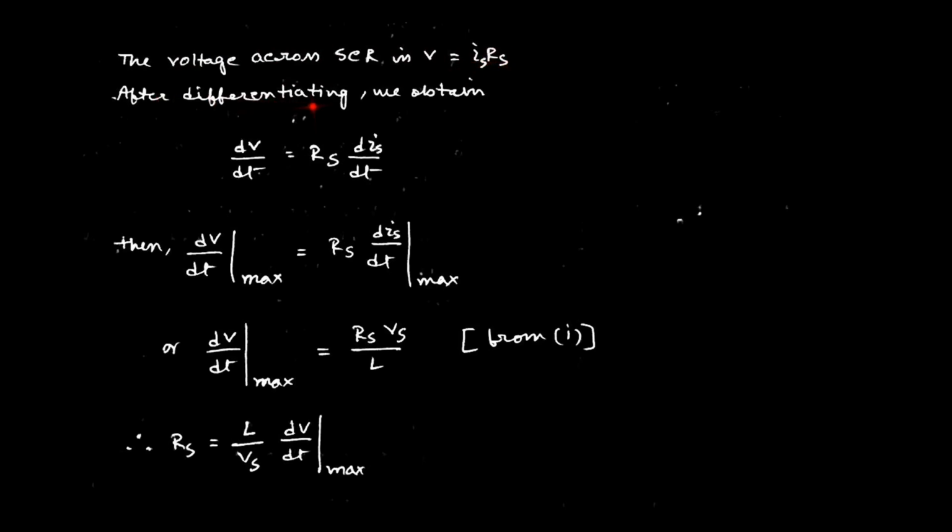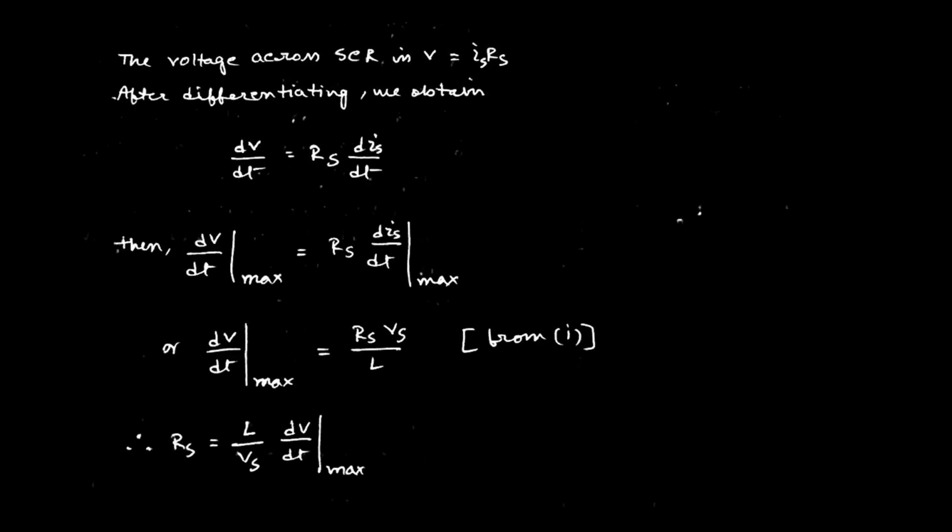After differentiating, we obtain dV/dt equal to Rs into dIs/dt. To achieve the maximum value, dV/dt max, the snubber current will be maximum, so it is Rs into dIs/dt max. If the voltage is maximum, then it will provide the maximum current. That is why we can write this expression in this way.